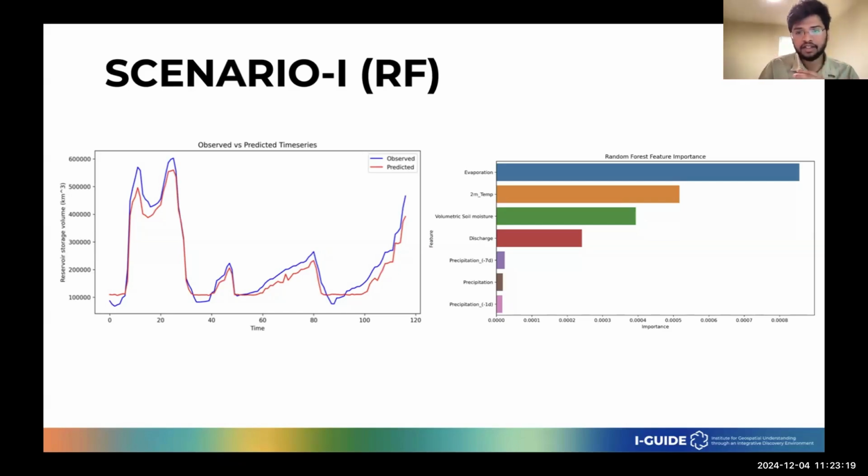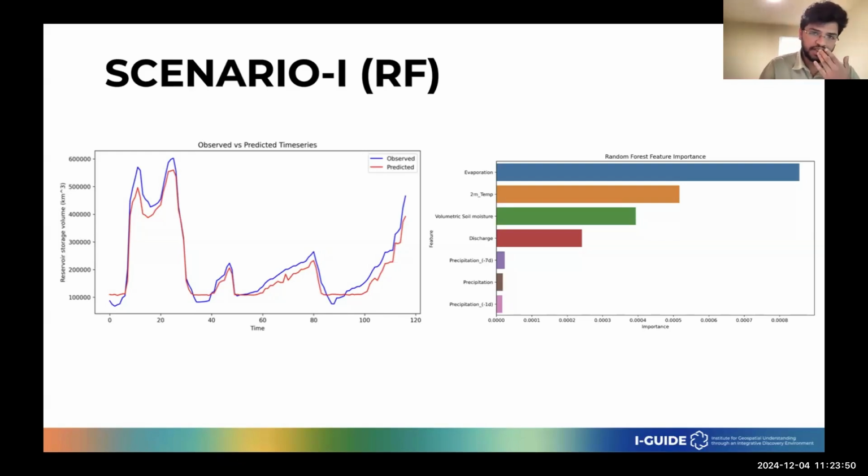And on the right-hand side, we have the feature importance from Gini impurity of random forest, where we found that evaporation stands out to be an important factor influencing the prediction of reservoir storage volume change in Elephant Butte, next to which are the temperature and volumetric soil moisture, and then we have discharge.